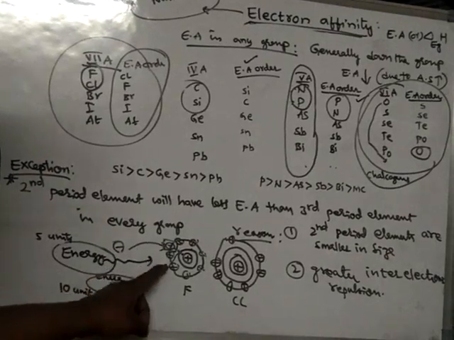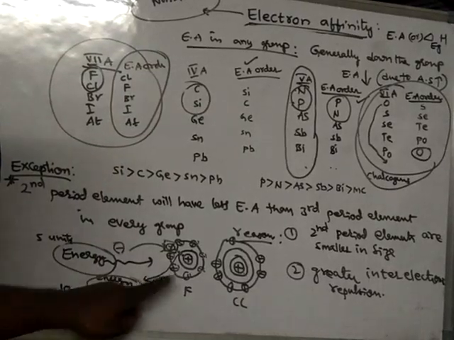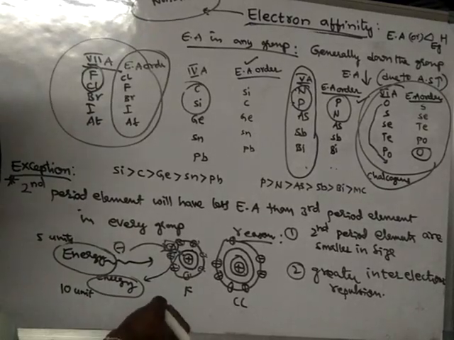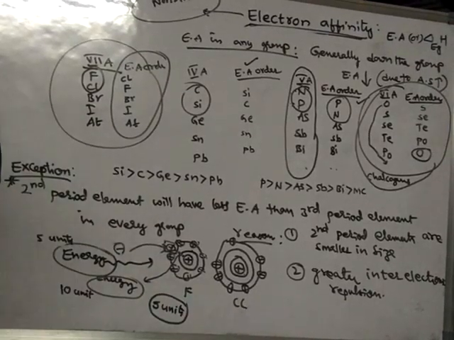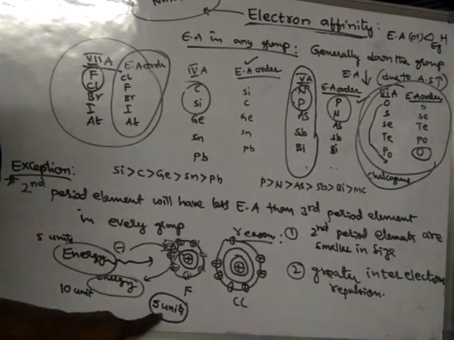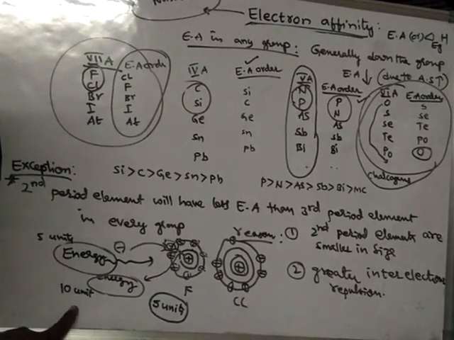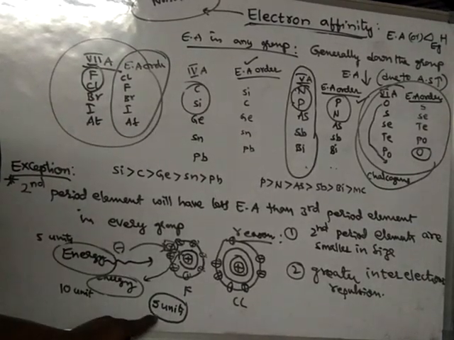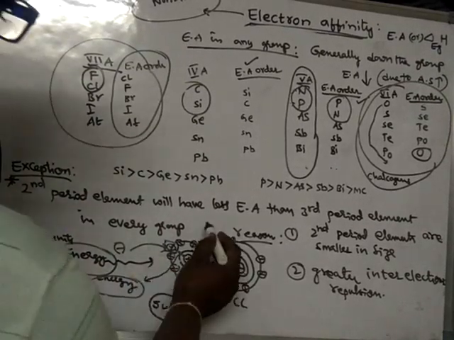So when the electron is added, the atom releases 10 units of energy, but we have to remove the absorbed 5 units from the released 10 units. So as a whole, it is losing only 5 units of energy. Now compare this one.